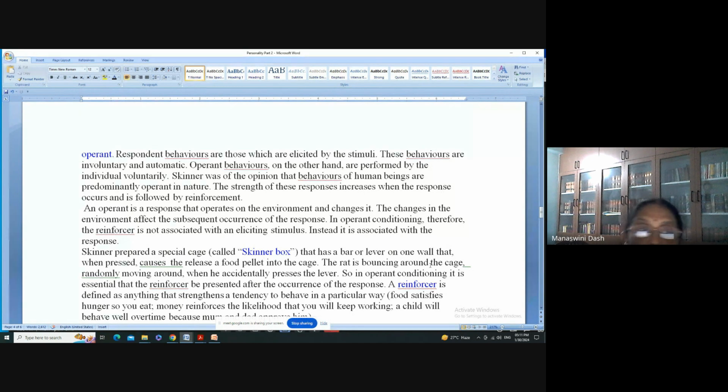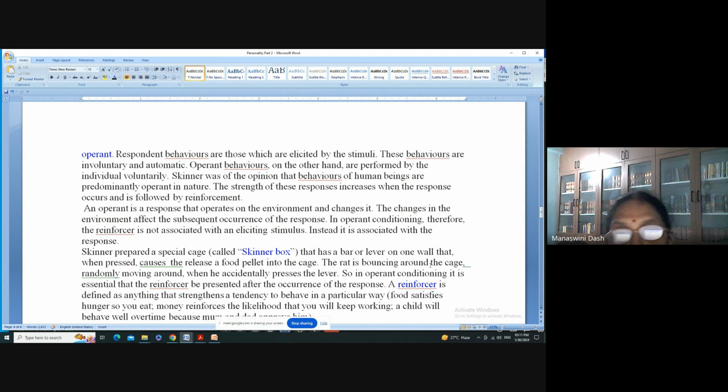These behaviors are involuntary and automatic, whereas operant behaviors, on the other hand, are performed by the individual voluntarily. So, an individual can perform the behavior voluntarily.